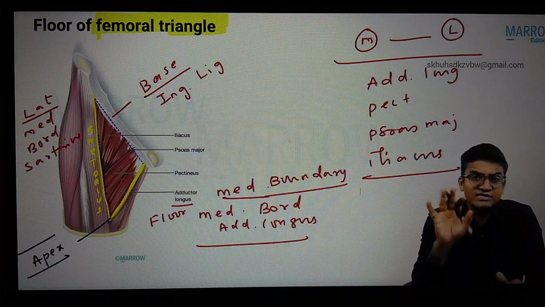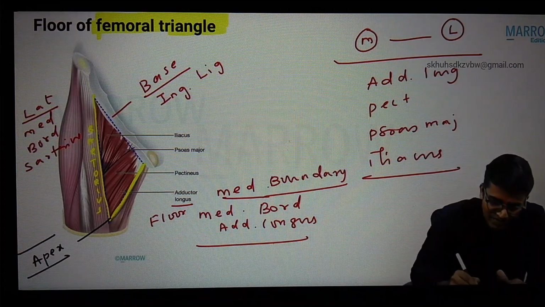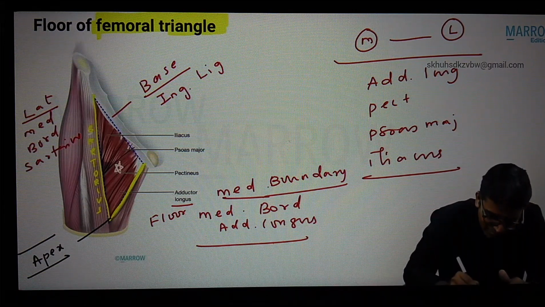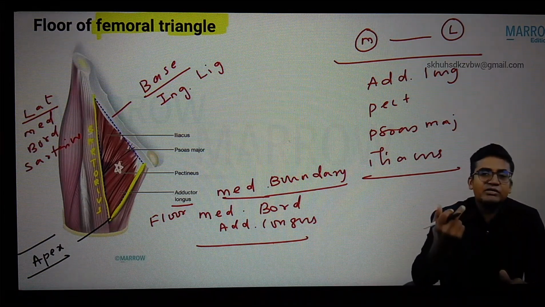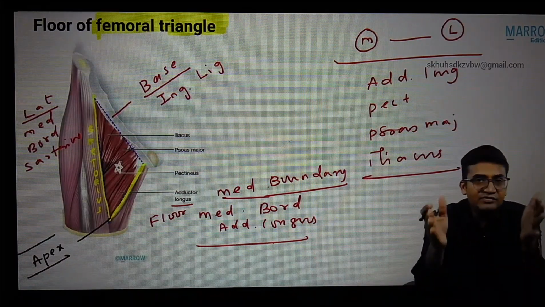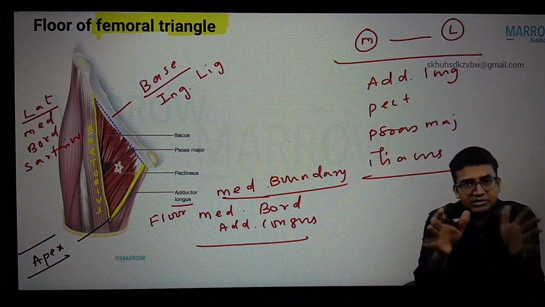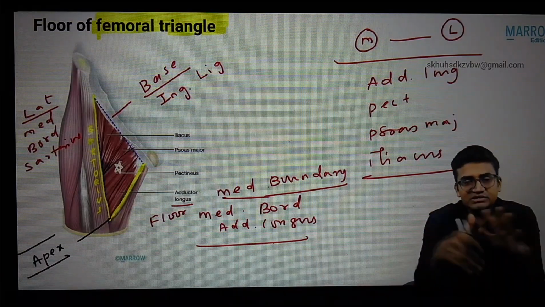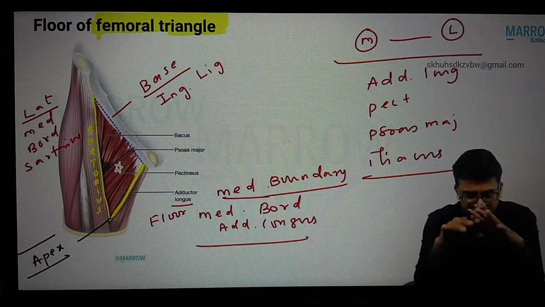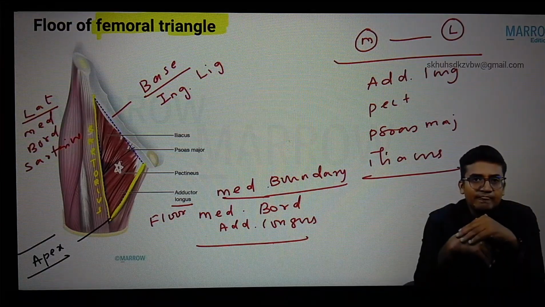Pectineus muscle identification itself is worth a question. Identify the marked muscle, give the nerve supply of the marked muscle, the action of the marked muscle. Anything can be given. Identification of muscles is very, very important. That too pectineus. You may get the question in the INI-CET exam or NEET or FMG exam. Okay. Now these are muscles forming the floor.